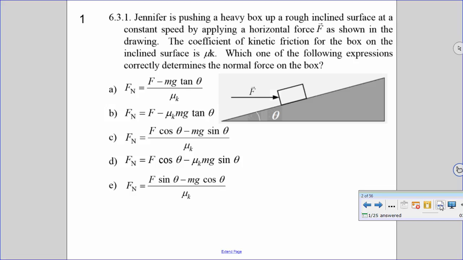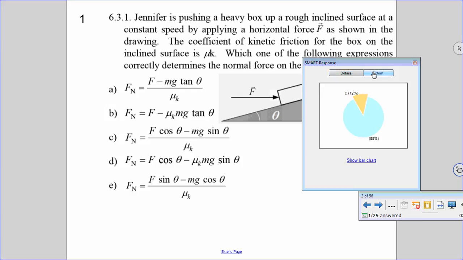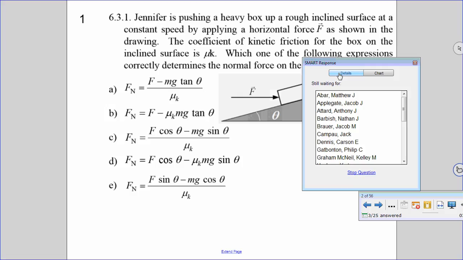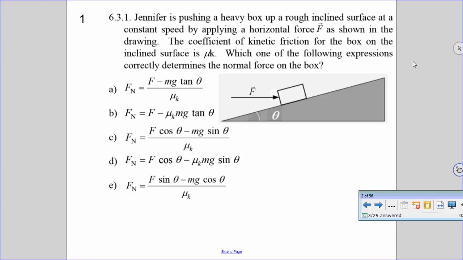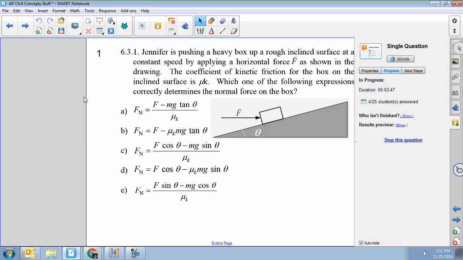Yep. Yeah, when you're done down at the bottom, there should be a little submit button. Oh, look at that. Ah, that's good.